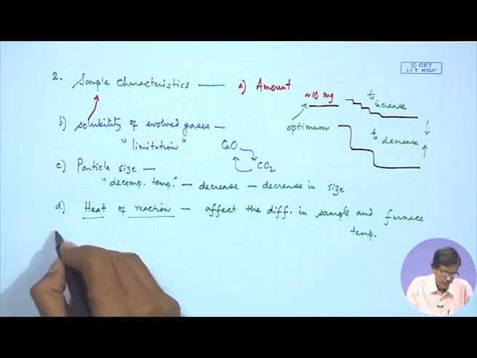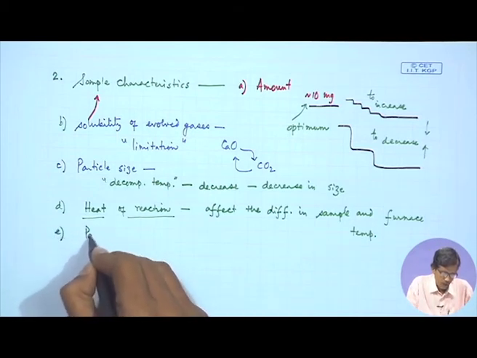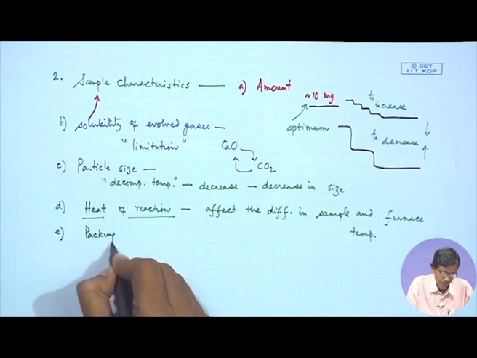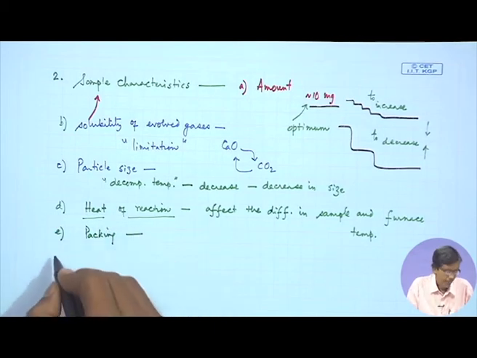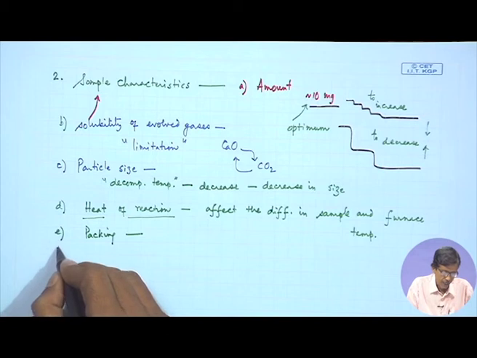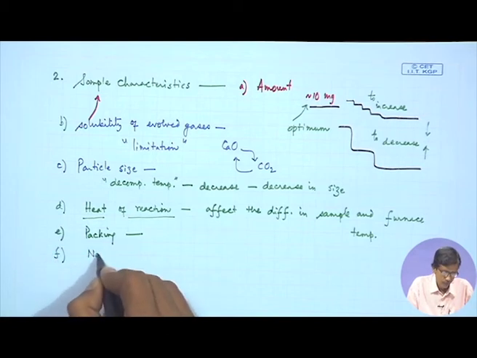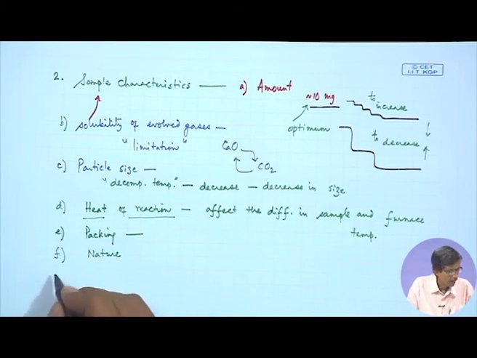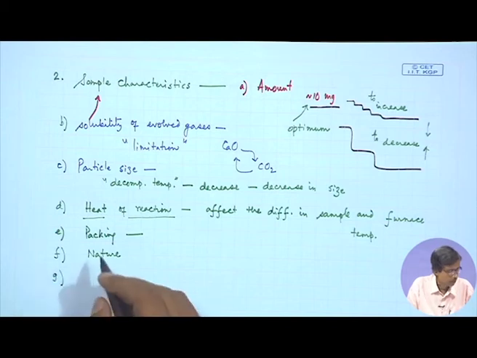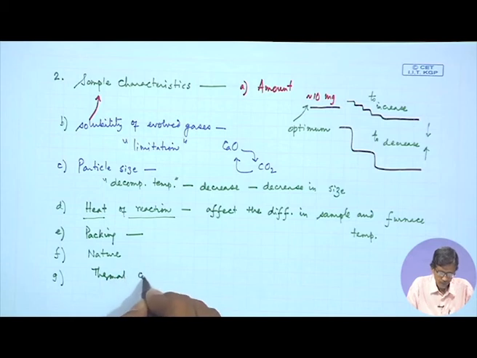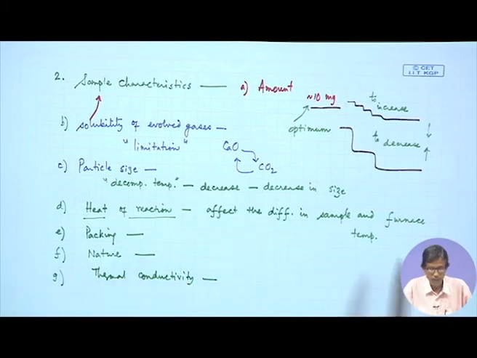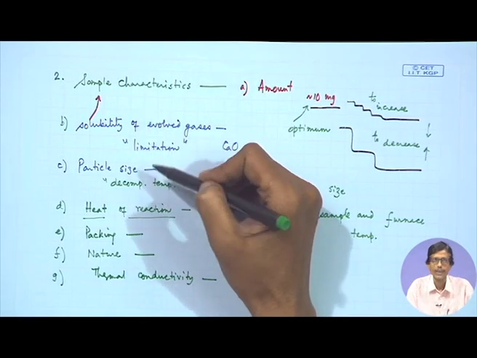Then the packing: we should also see how closely packed the sample is within the crucible, and definitely the nature of the sample, and lastly we should have some idea about the thermal conductivity. So, you see the situation is getting much more complex for only the sample characteristics.